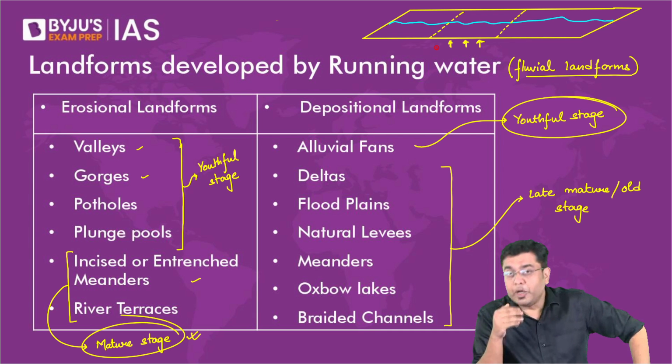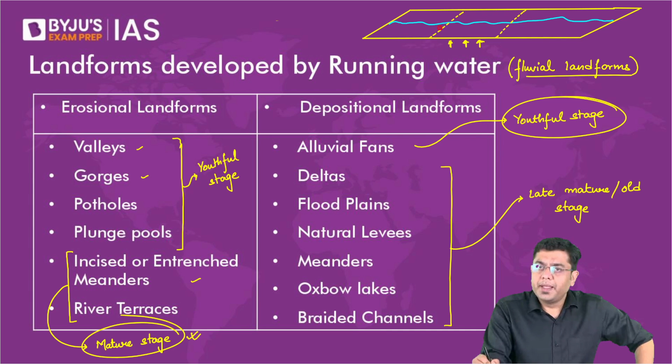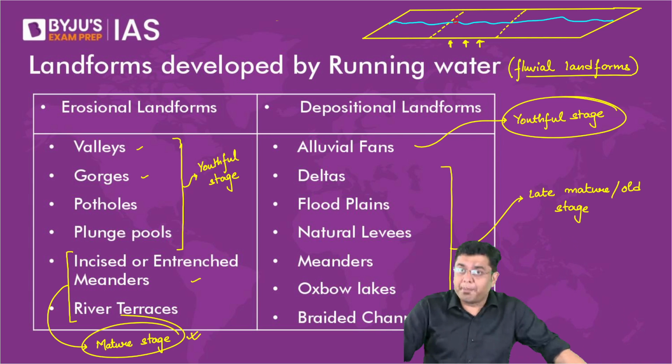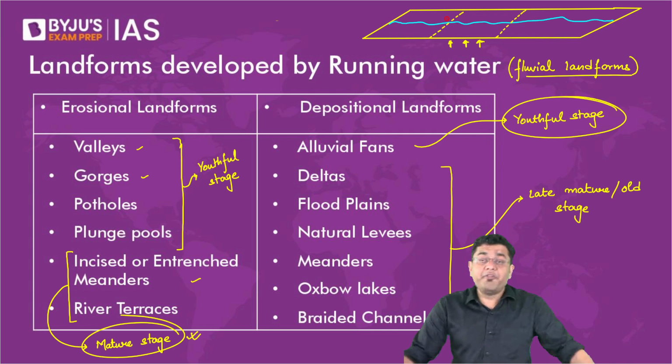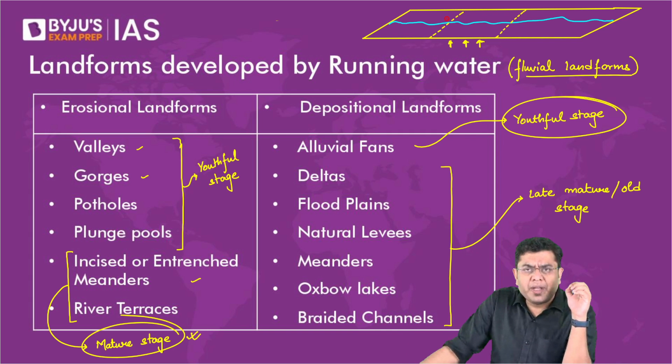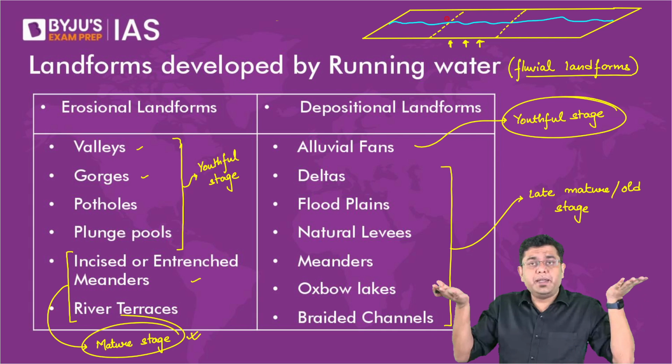You will basically observe that the river will continue to flow, and the river bed will also experience an upliftment. The river bed will get uplifted maybe by 1 centimeter, maybe by 1 millimeter. All around it, the land is getting uplifted by maybe 1 centimeter.